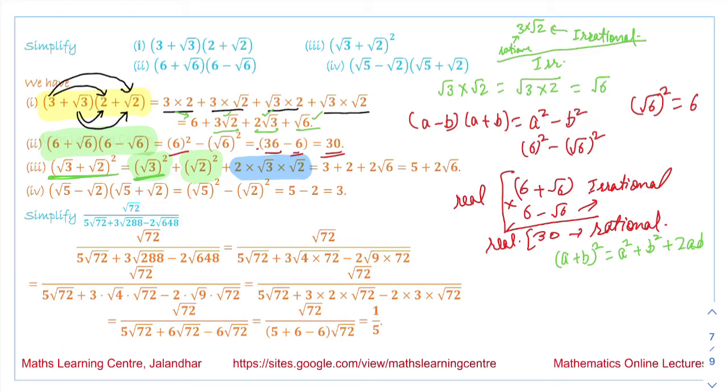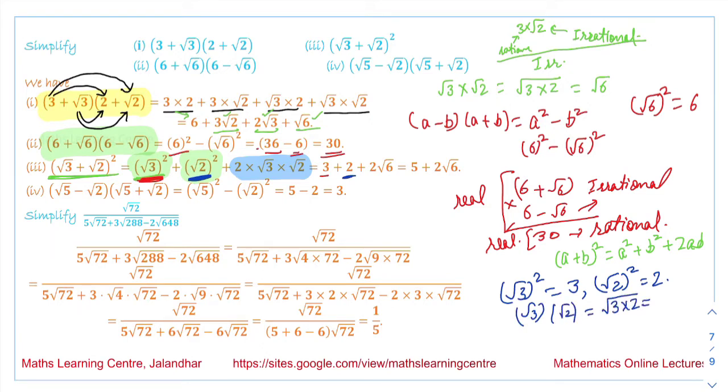When it is square root of 3 square, the answer is 3. Square root of 2 square, the answer is 2. Next, square root of 3 into square root of 2 is square root of 3 into 2, so the answer is square root of 6.